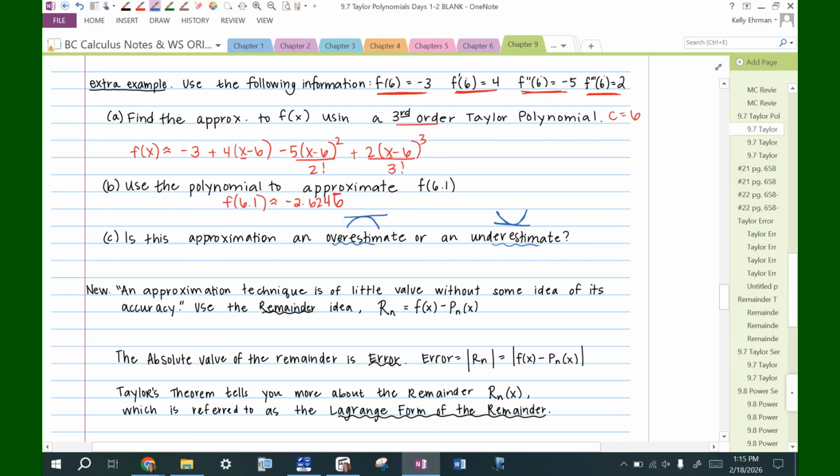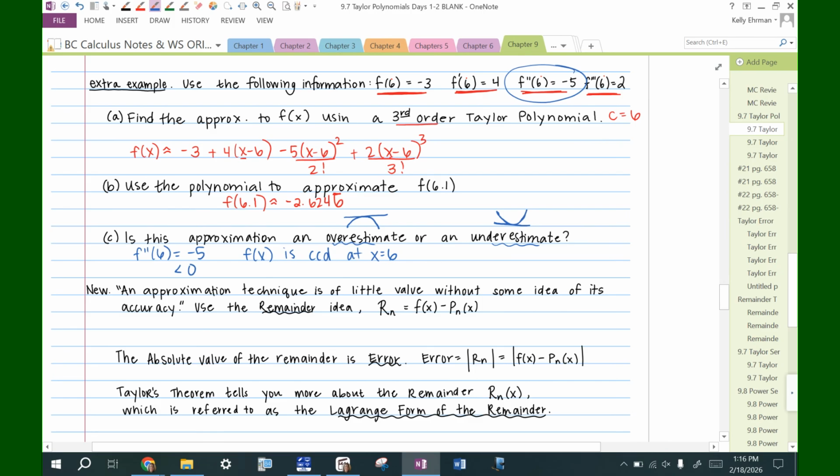So how do we know concavity? We always look at the second derivative. The second derivative, f double prime of 6, is equal to negative 5. So it's negative, it's less than 0. If the second derivative is less than 0, it means that f of x is concave down at x equals 6.